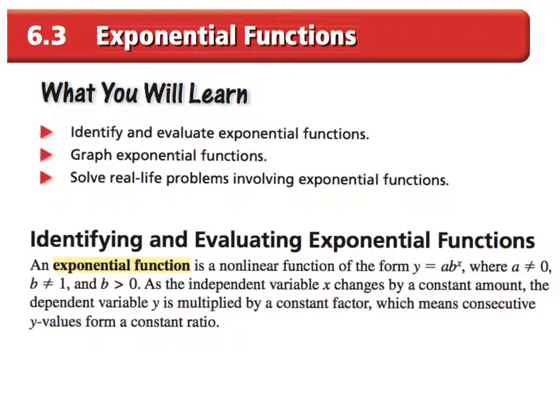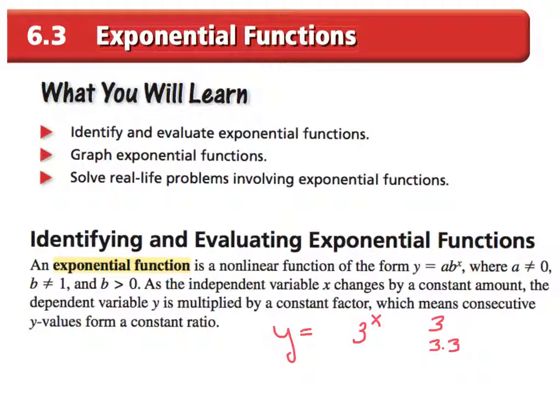As the independent x variable changes by a constant amount, the dependent variable y is multiplied by a constant factor, which means consecutive y values form a constant ratio. Here's what this means. Let's make this even easier. If you had 3 to the x power and x was 1, you just have 3.